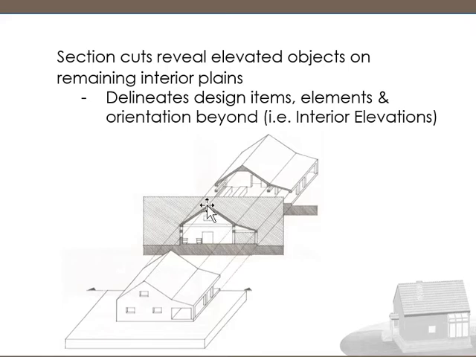When they cut that plane right here, we're able to get the full view of the space. As you see back here, it also cuts through windows. It might show glass, fixtures, cabinetry. So this really gives us an idea of what's going on in the exterior as well as the interior.